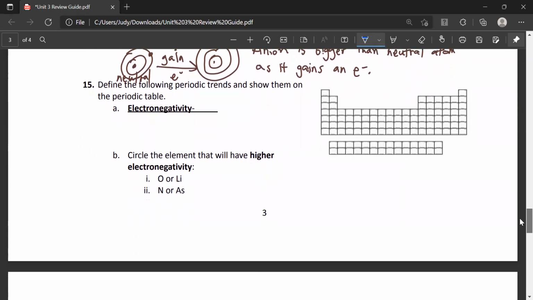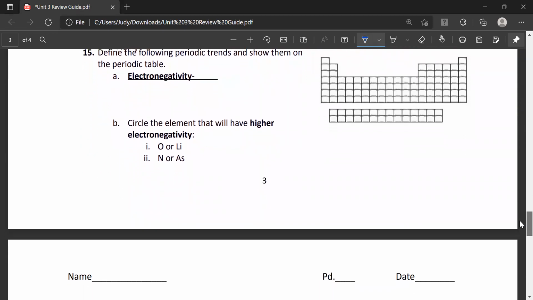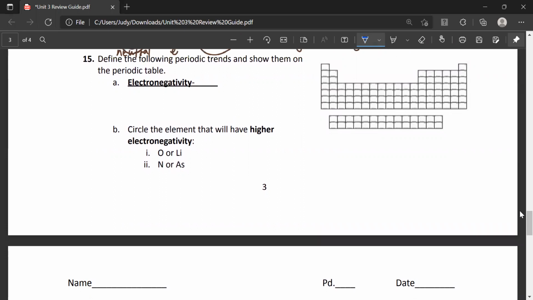All right, so now let's talk about the periodic trend. So electronegativity. Here's a very simple definition of electronegativity. It's basically the energy to gain an electron. Pretty simple.